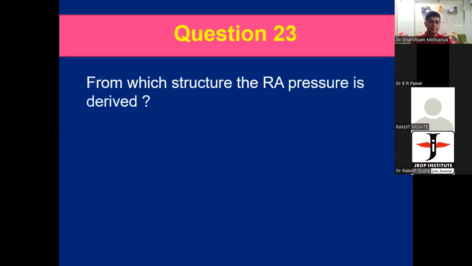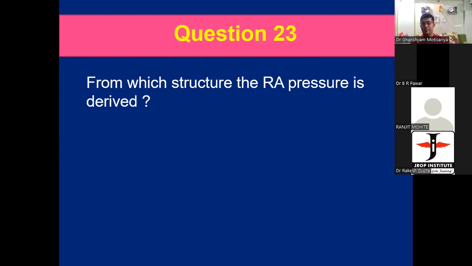Hello, sir. From which structure is the RA pressure derived? Dr. Swapnil, can you understand the question or shall I explain? Let him understand. See, listen, I have got a patient on my echo table and I want to assess his RA pressure. How do I do that?